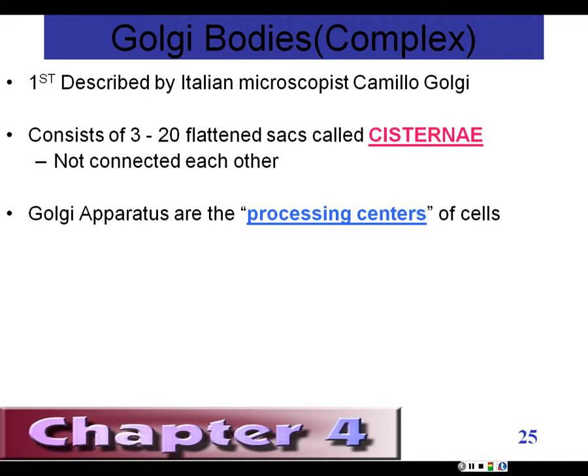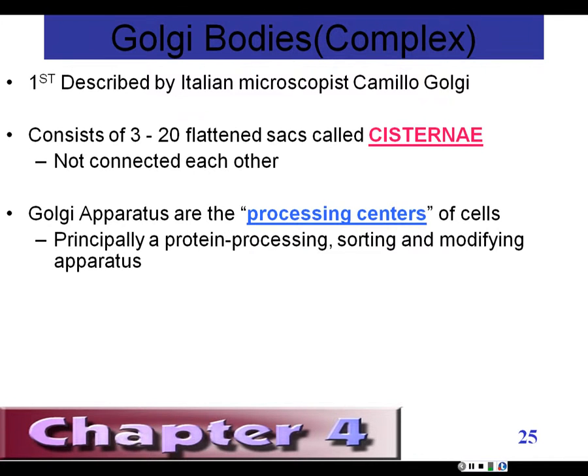We said, what does it do? It's a processing center, and we want to say it's principally a protein processing center. So mainly modifying and sorting proteins, okay? Determining their final location. And a lot of times, again, we're going to be making glycoproteins. Glycoproteins means that we've attached some carbohydrate molecule to the protein as a way of signaling where it's going or what it's supposed to be doing.